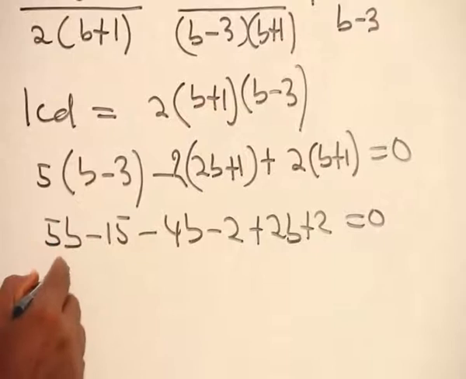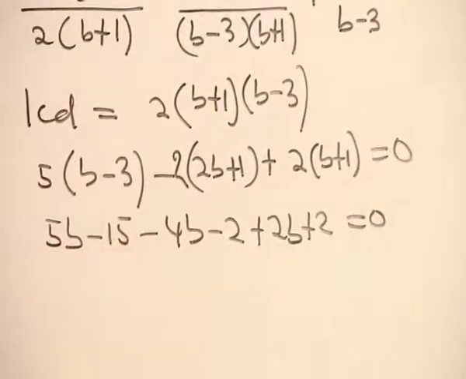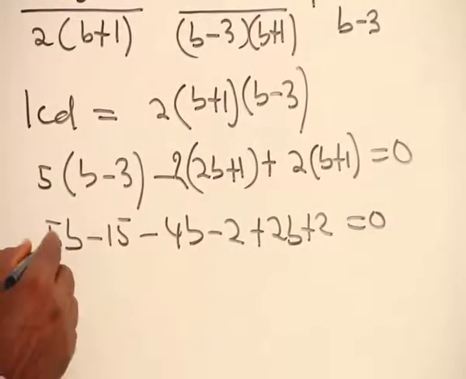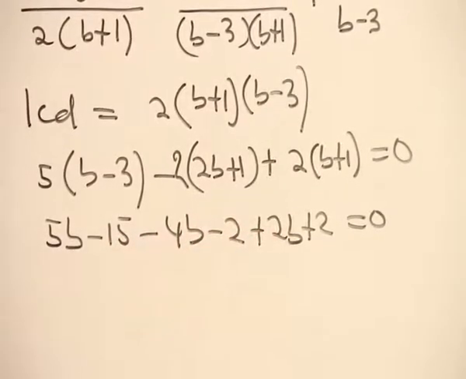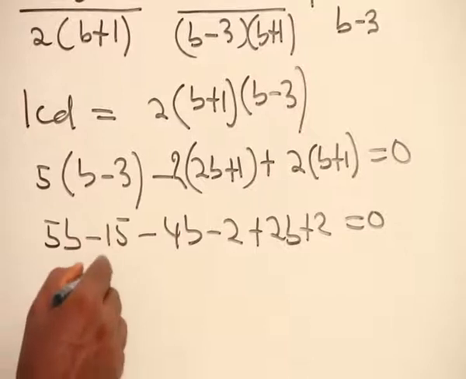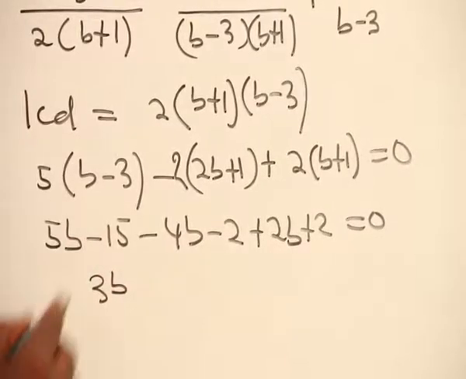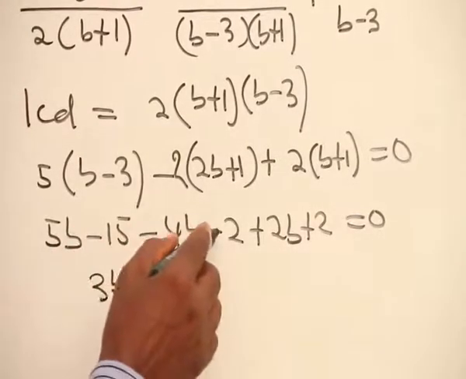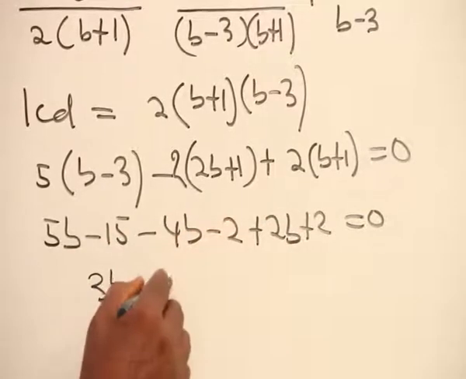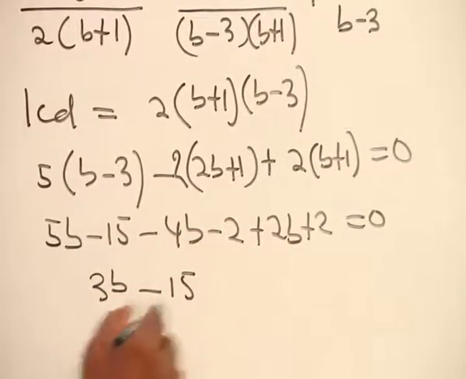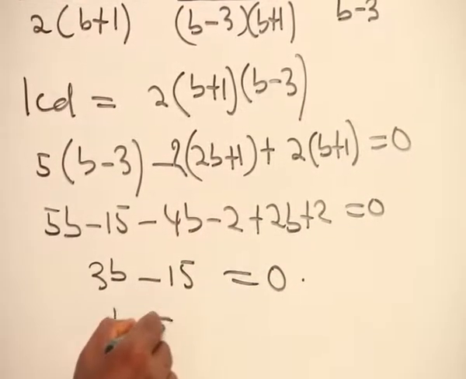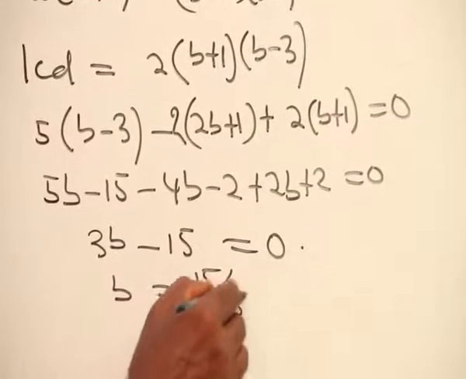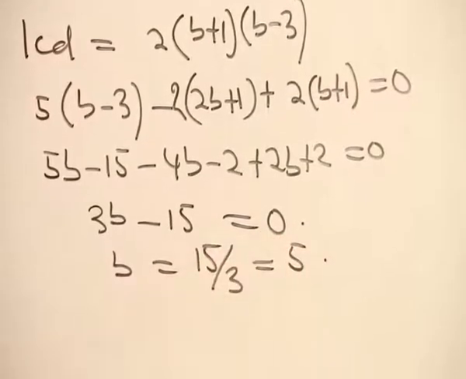Here we now have, by simplification, 5b minus 4b plus 2b, which gave us 3b. And then the next one, minus 15 minus 2 plus 2, that gives you minus 15. And everything here is equal to 0. Then here you now say b is equal to 15 over 3, and the answer is 5.